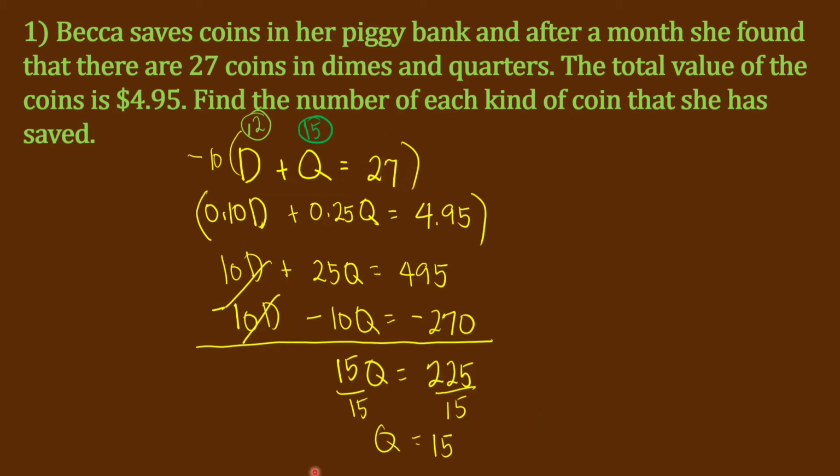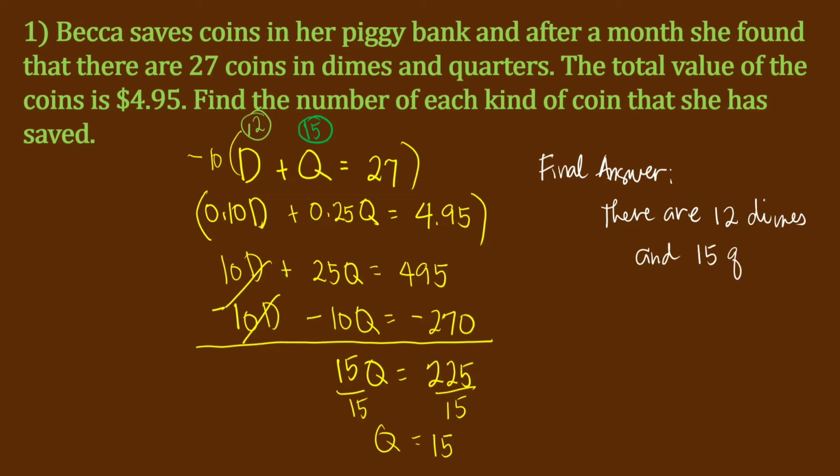Okay, so we can write our final answer: there are 12 dimes and 15 quarters. Okay?